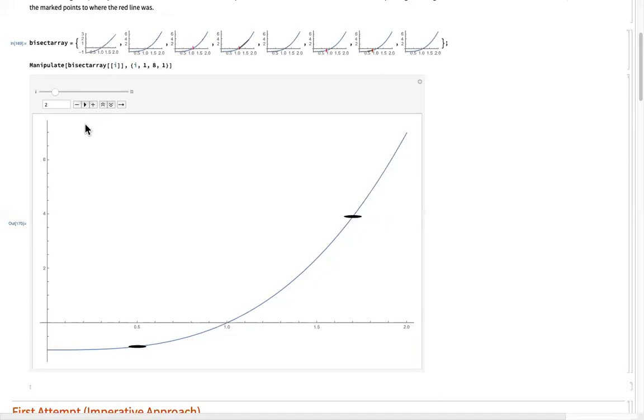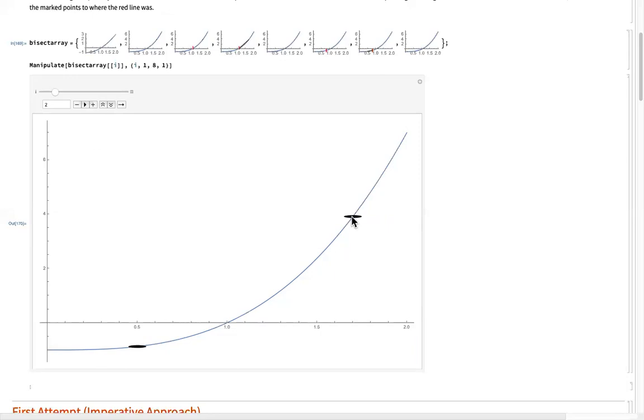Now, the idea of the bisection method is that if you keep chopping the interval in half and throwing out the part that's irrelevant, you eventually squeeze down and you center the interval on the root of the equation.